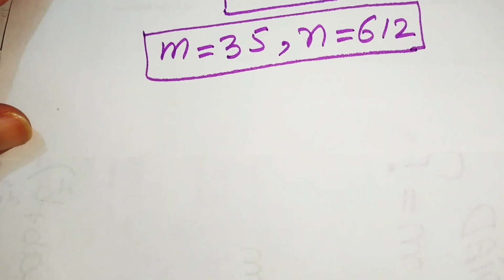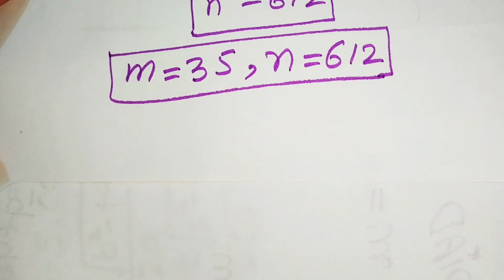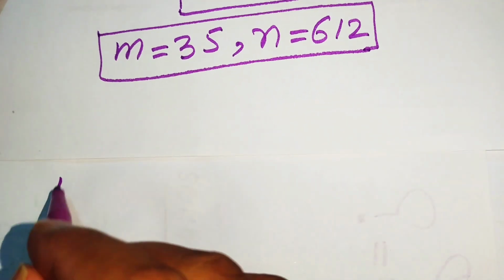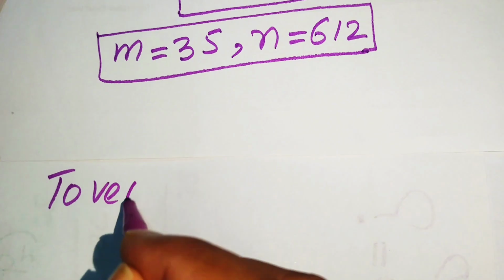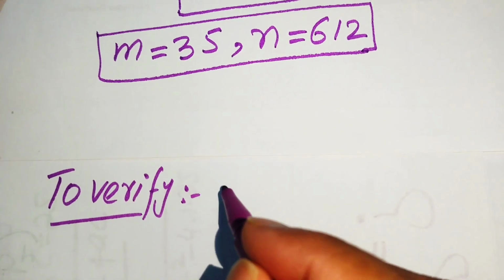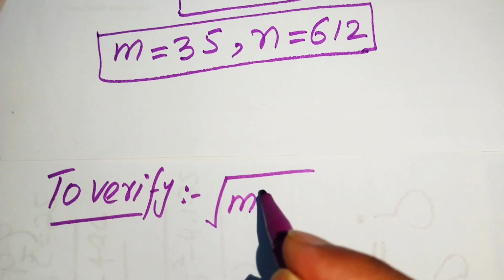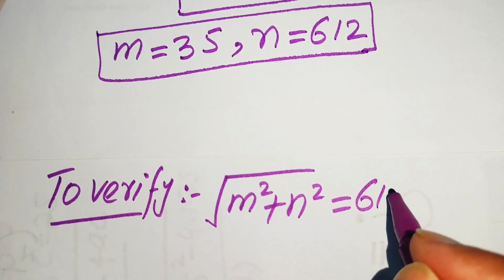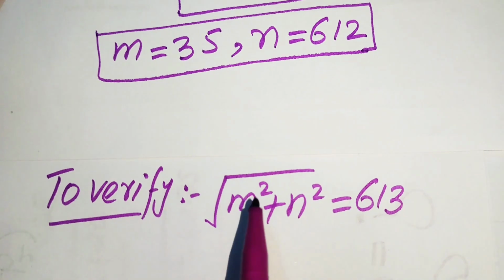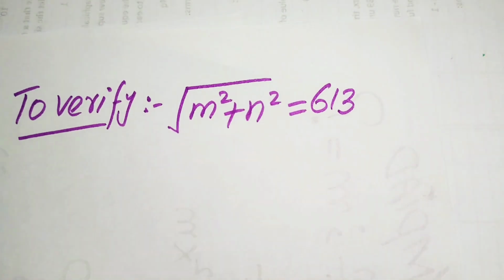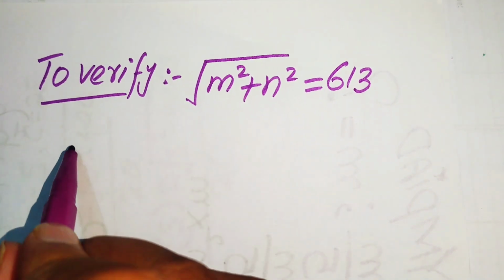Now we verify these values of m and n. To verify, we copy down the given question statement: square root of m square plus n square equals 613. We substitute these two values of m and n here, and we check whether this equals the right hand side or not.